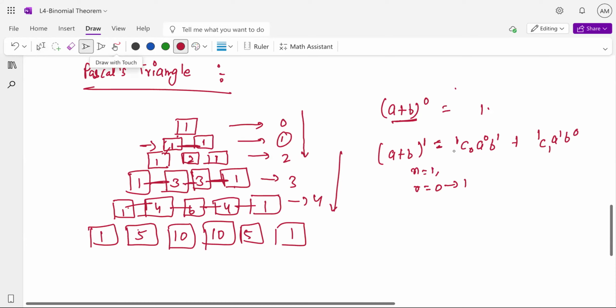Okay. So if you see carefully, what is this? This is one, right? Why is this one? Because the two boxes in the first one is one, so it will be one.